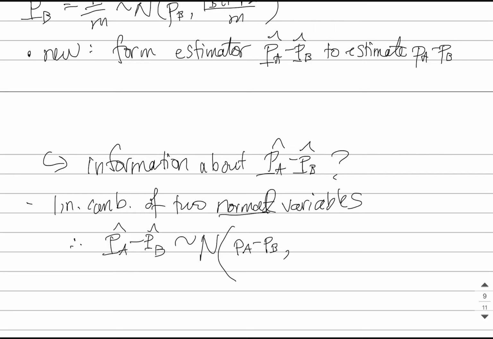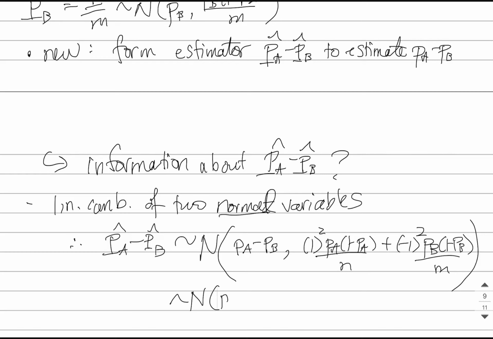And the variance is going to be the appropriately scaled combination: 1 squared times the variance of the first plus negative 1 squared times the variance of the second. Now, just to simplify that a little bit, we'll end up with the following result.